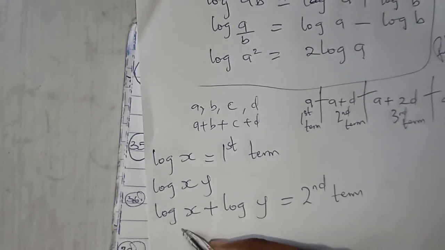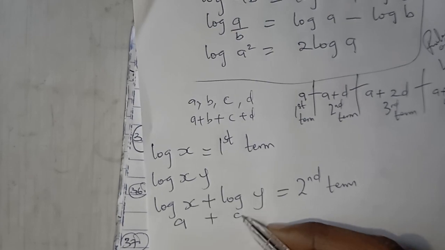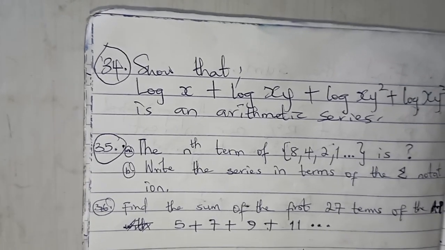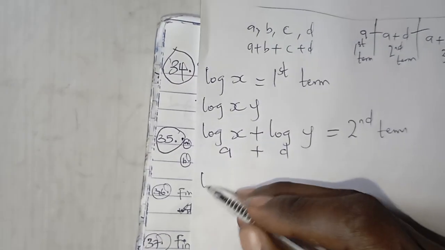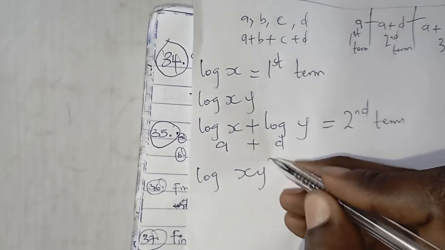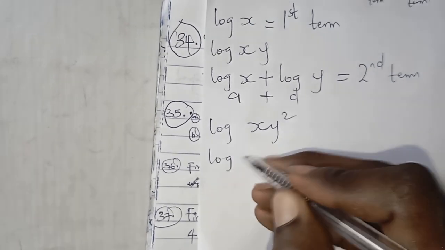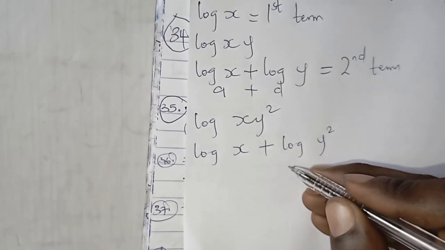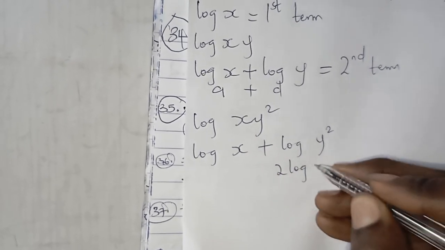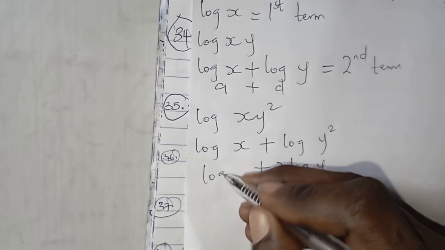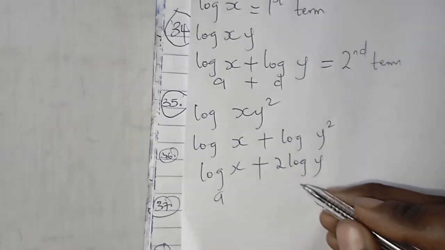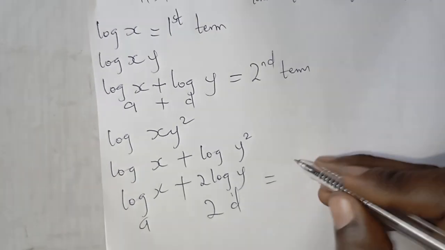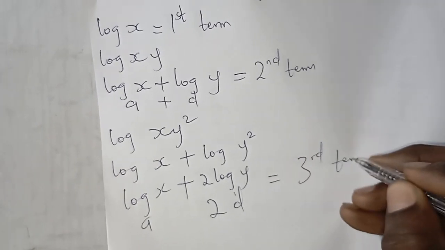If this is A, let's say this log y is D. Then they gave us log xy square, which is log x plus log y square, and that is log x plus 2 log y. Remember, this is A and this is D, so 2D. This is our third term.